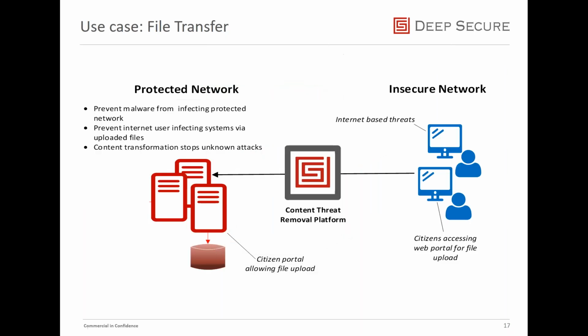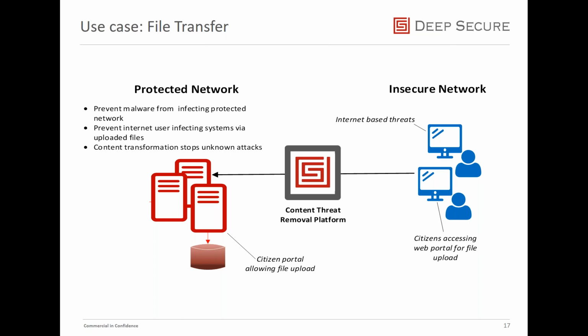So here we have a classic portal or kiosk type deployment, where users from an untrusted source are able to upload PDFs, and the requirement is to ensure that this is not a vector for the ingress of unknown or zero-day threats into the protected network.